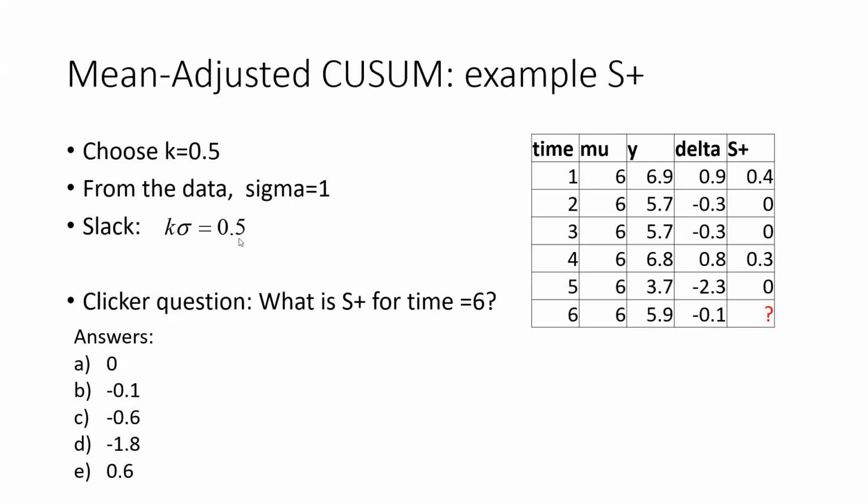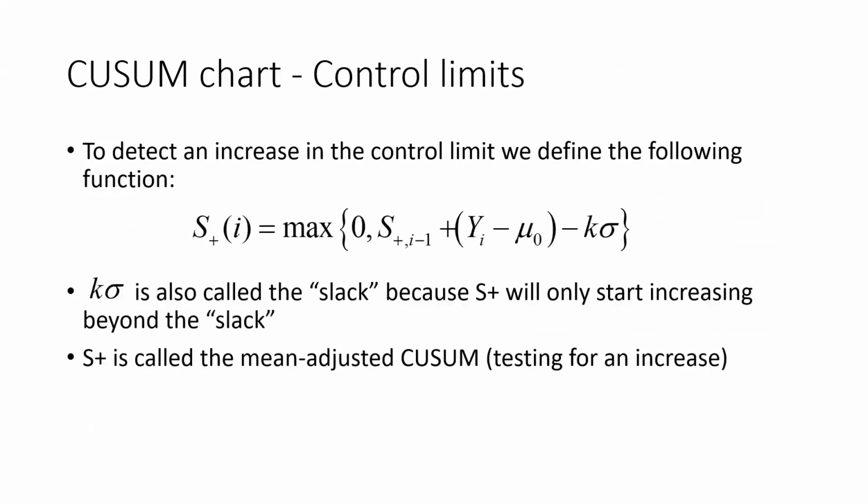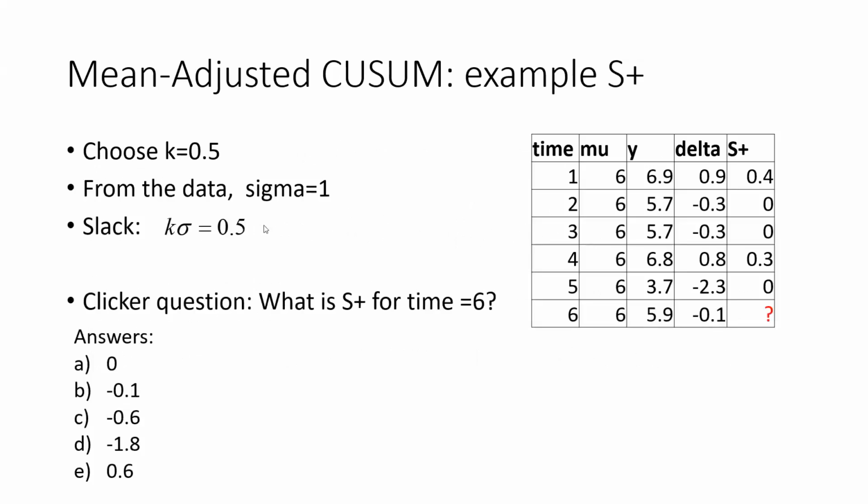Okay. So going back to the function, we have what we had previously, plus delta, this is delta, right? Y minus mu 0, minus the slack. The slack is 0.5. So 0.9 minus 0.5. The increase here, 0.9 minus 0.5 is 0.4.